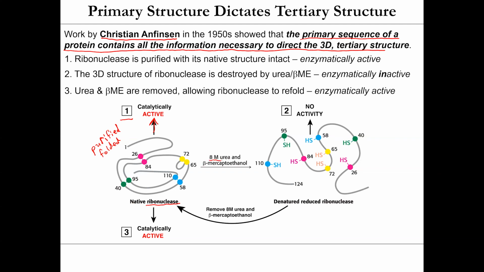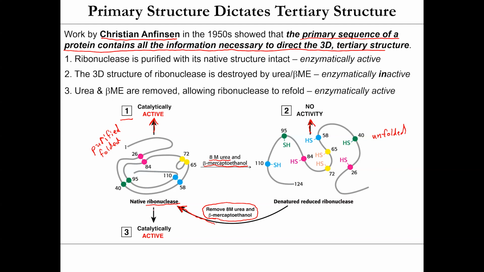Now, if you take 8 molar urea, which would cause it to become denatured, and beta-mercaptoethanol, which would cause the disulfide bonds to be reduced, now you have a denatured protein that's unfolded, and now this ribonuclease actually has no activity. Now, the interesting part about this experiment, and it adds a little bit more of a layer of folding or unfolding, is that when that urea and beta-mercaptoethanol were removed from that solution that contained the denatured ribonuclease, the protein actually gained back its function.